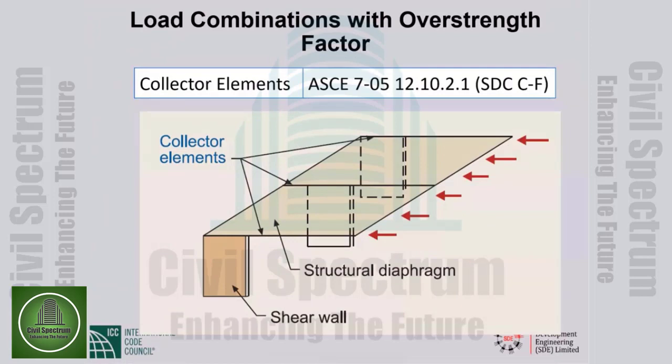So first situation is foundations of cantilever columns. Second is columns supporting discontinued stiff elements. The third situation where ASCE 7-05 requires the overstrength load combinations to be used is in the design of collector elements of diaphragms.